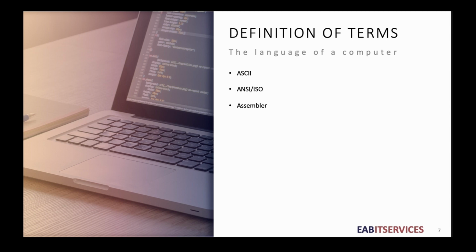Because computers were about computation, to represent an addition, for instance, you need a certain sequence of zeros and ones.